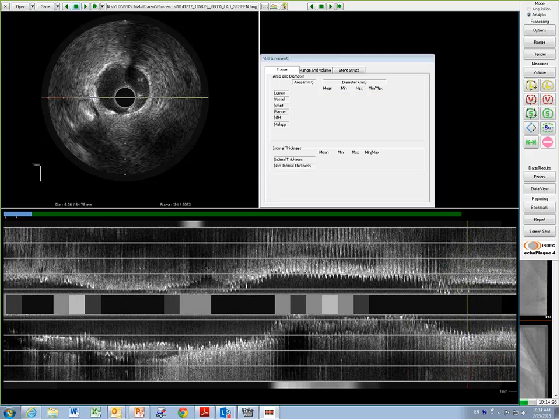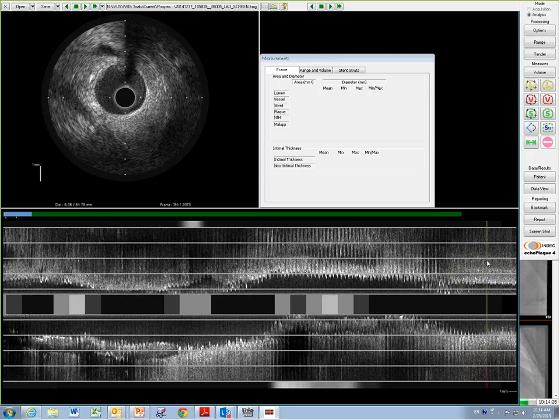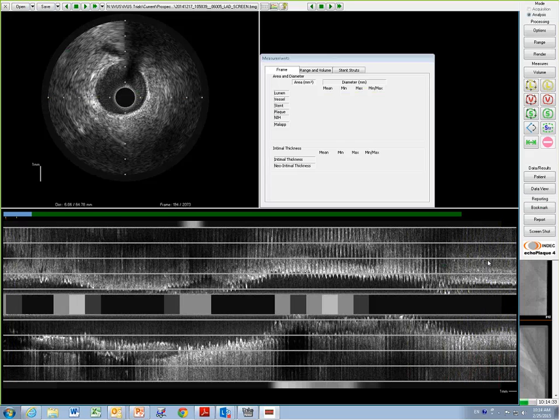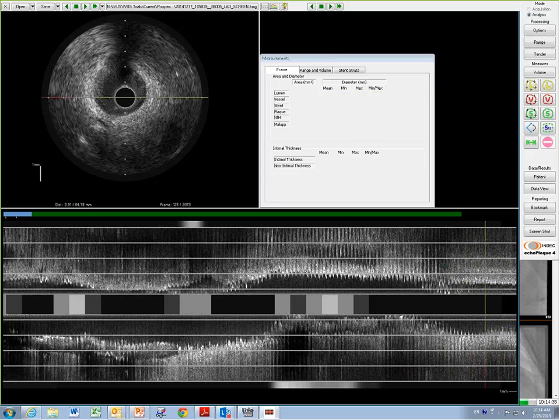And in my opinion, this is intramural hematoma. It's a little bit hard to recognize. When you see here, you can understand somewhere here is hyperintensity, and somewhere here is low intensity. This is not plaque, and this is actually intramural hematoma.